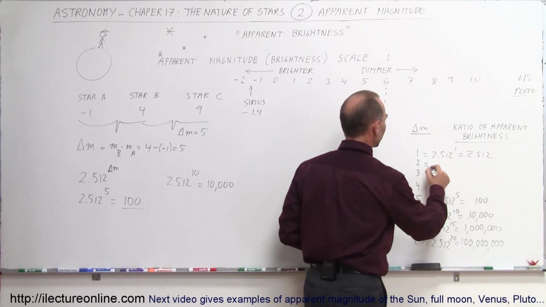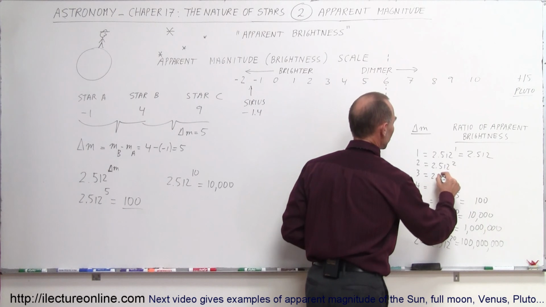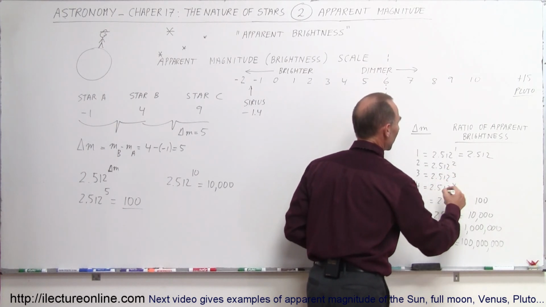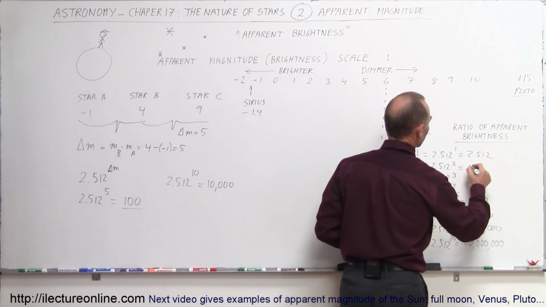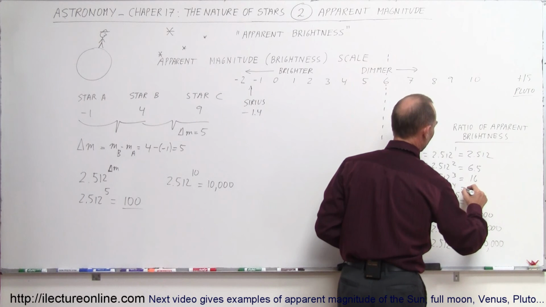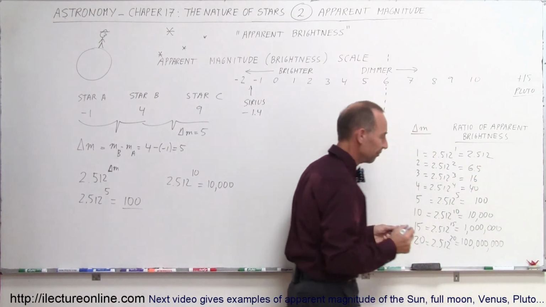And then the other ones are 2.512 to the 2nd power, 2.512 to the 3rd power, and 2.512 to the 4th power. These are approximately equal to 6.5, 16, and 40. Those are not exact numbers, but close enough for our purpose.